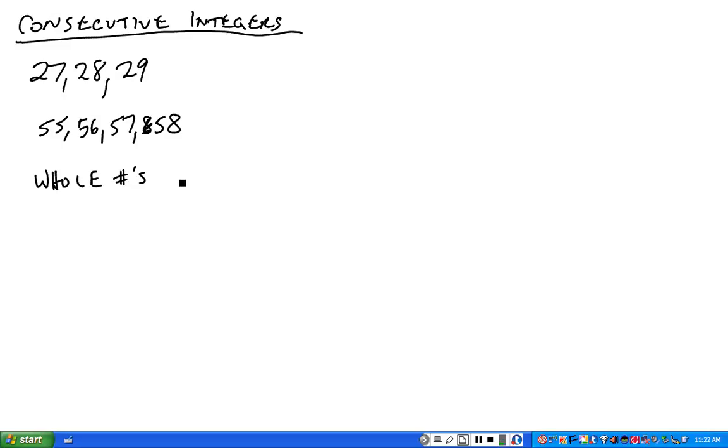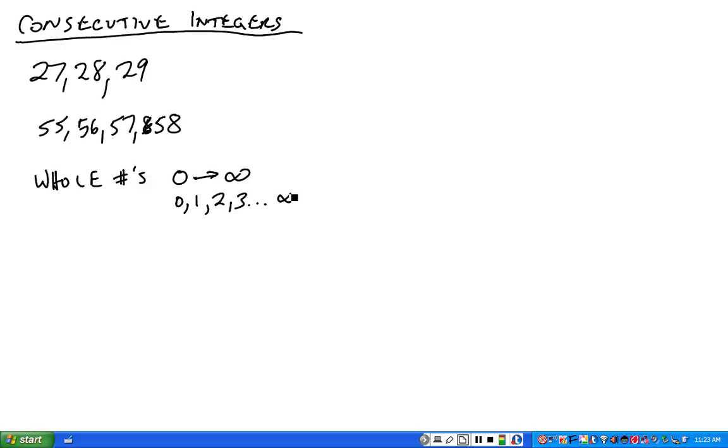But what we sometimes don't understand is that whole numbers start at 0 and they go to infinity. So 0, 1, 2, 3, so on and so forth, up to infinity. What's missing from whole numbers is the negative side of the number line.